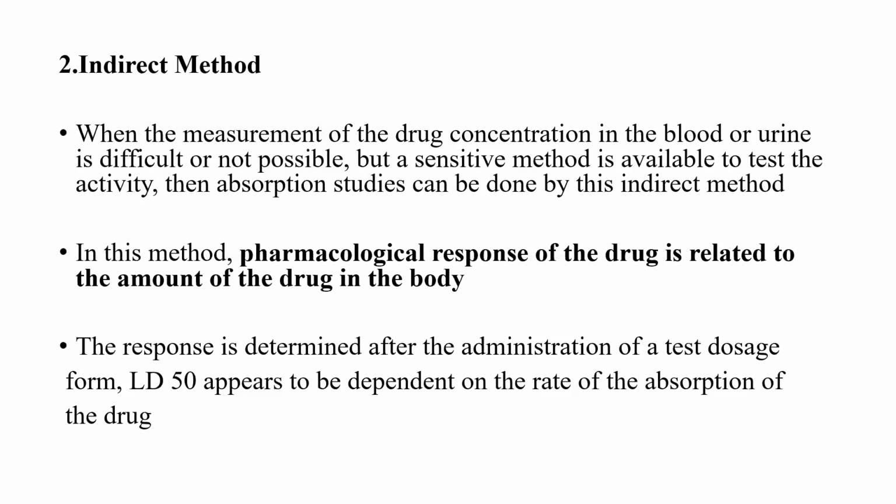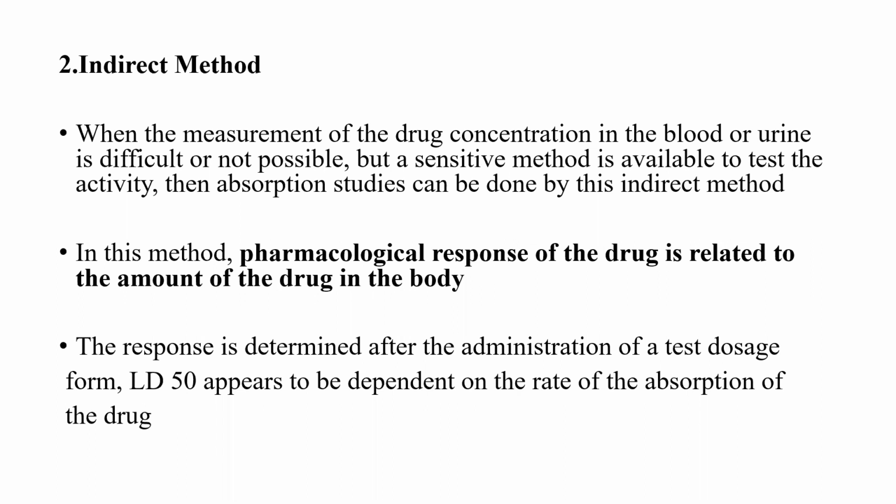And the second method is the indirect method. In this method, measuring the drug concentration in the blood or urine is difficult or not possible, but a sensitive method is available to test the activity. Then the absorption study can be done by this indirect method.